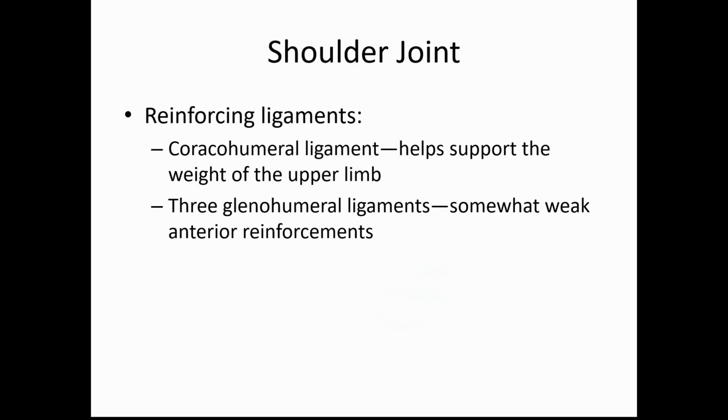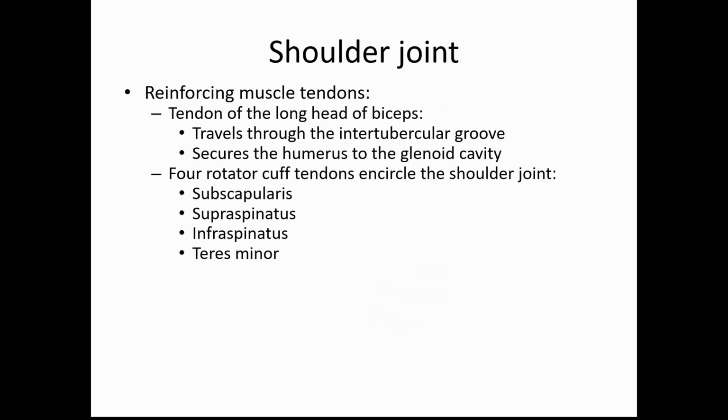There are several reinforcing ligaments to the shoulder. There's the coracohumeral ligament. There are 3 glenohumeral ligaments. There's the tendon of the long head of the biceps. And importantly, there are 4 special muscles that help hold the humerus onto the shoulder blade. These muscles are called the rotator cuff. There is the subscapularis, the supraspinatus, the infraspinatus, and the teres minor.